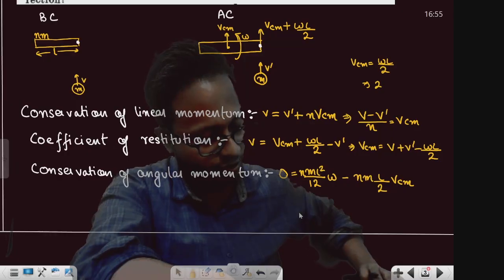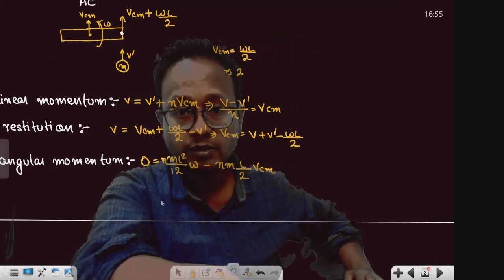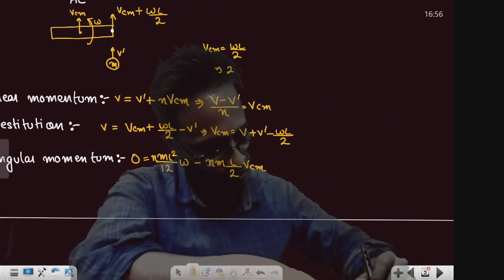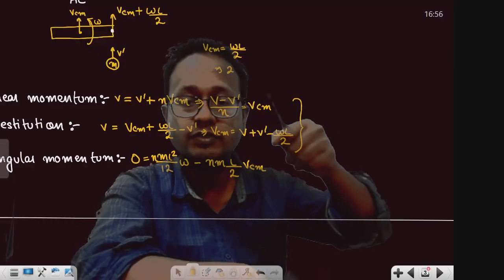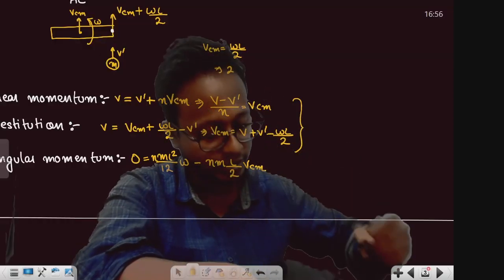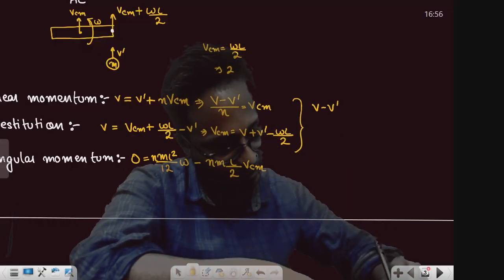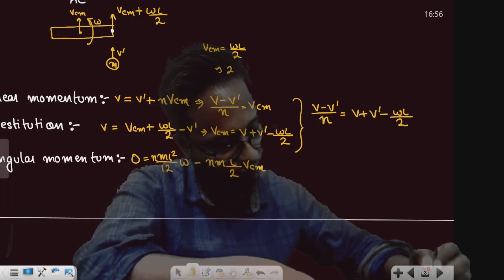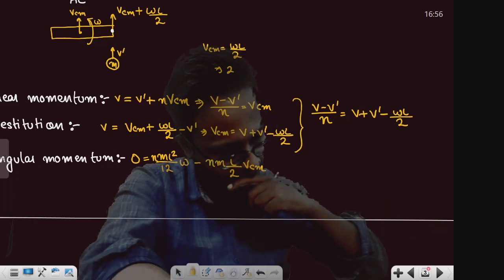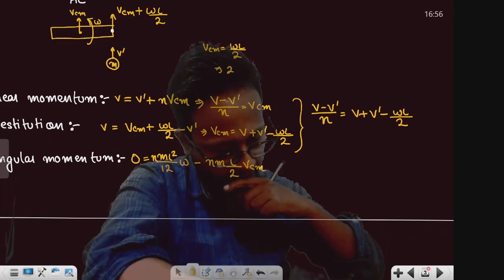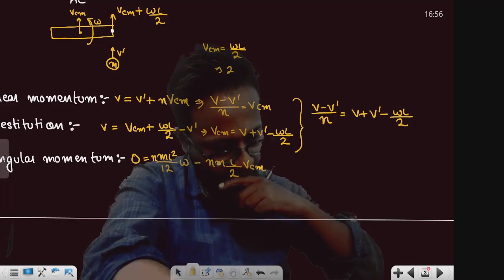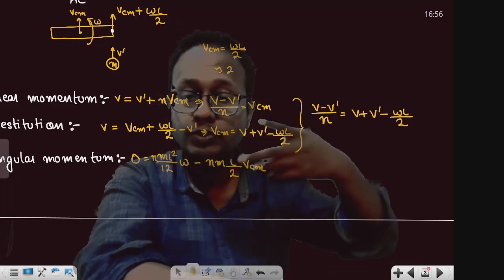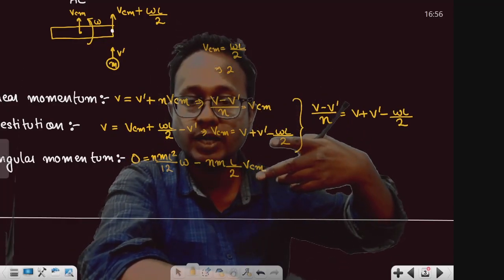Now if I combine these two equations, combining velocity of center of mass out here and velocity of center of mass out here, what do I get? V minus v dash by n is equal to v plus v dash minus omega L by 2. Still there is a pertinent value of omega. Let me solve these two equations for omega.